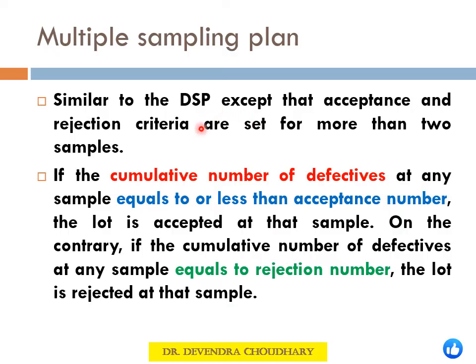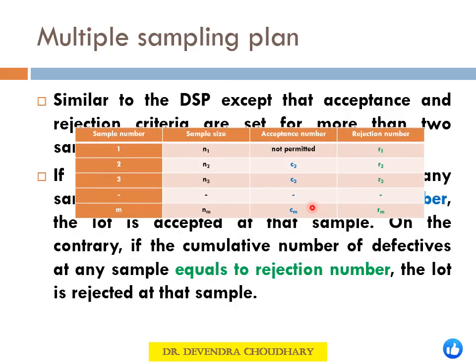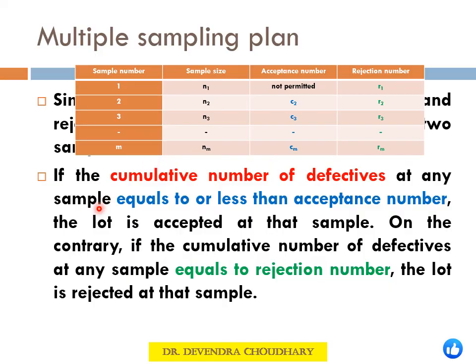Multiple sampling plan is very much similar to double sampling plan, except that acceptance and rejection criteria are set for more than two samples. If the cumulative number of defectives at any sample is equal to or less than the acceptance number, the lot is accepted at that sample.